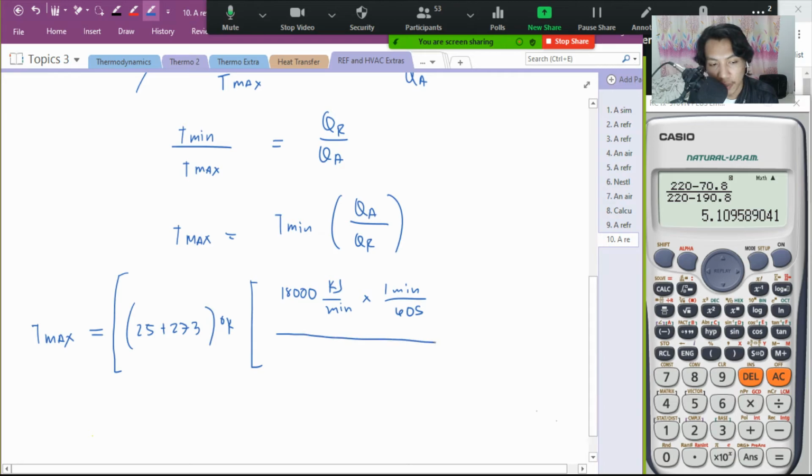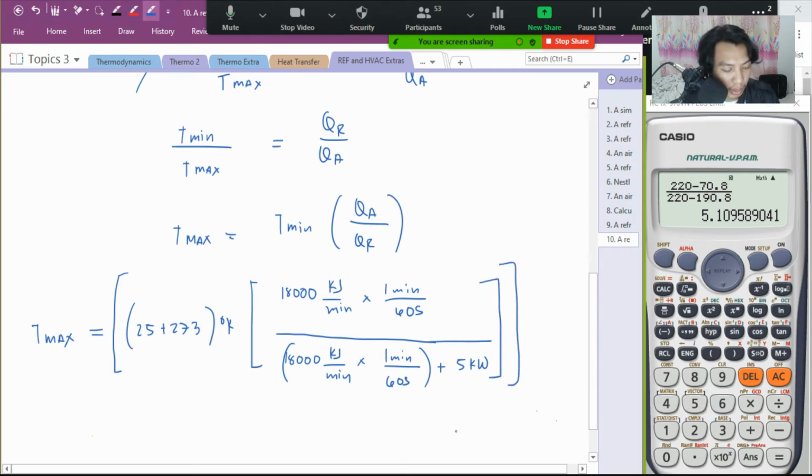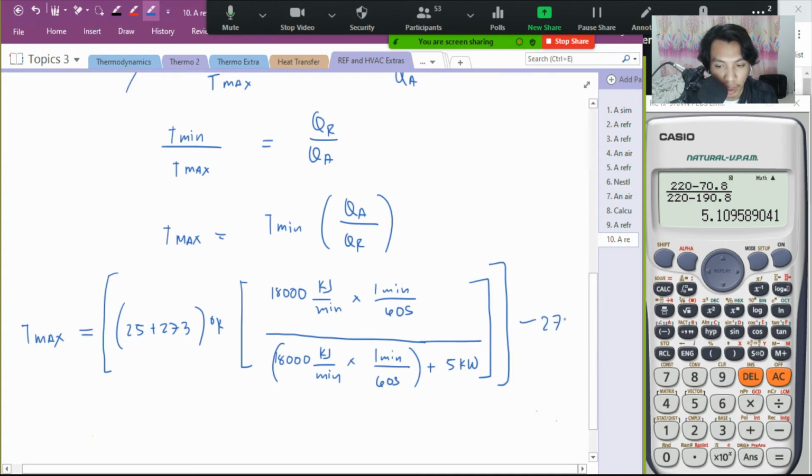And then, let us divide this with QR, which is itong value nito, 18,000 kilojoule in every minute multiplied to 1 minute in every 60 seconds plus yung 5 kilowatts. Ang hinahanap natin dito is degree Celsius, o di minusan na lang natin ng 273 para maging degree Celsius. Okay, let us solve.